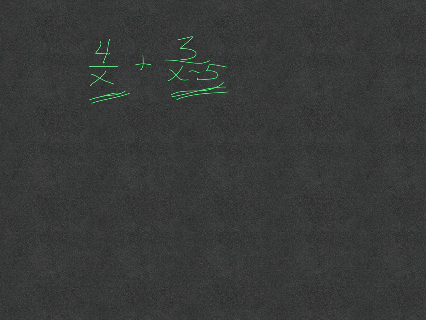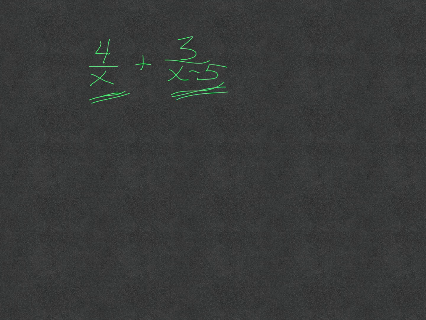So in general, what we have to do with adding fractions, suppose we add 4 over x plus 3 over x minus 5. Well, if I want to add those two fractions, then this is really easy in this case because the x and the x minus 5 don't factor.